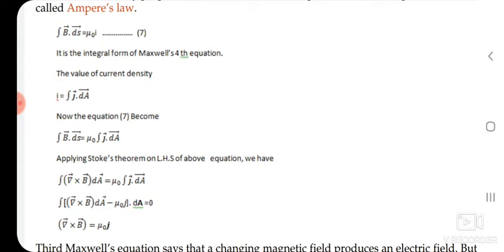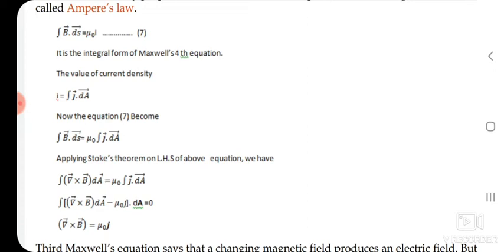Now both sides have the same type of integral, so we can subtract. We move the right hand side term to the left hand side. Therefore, the integral of del cross B minus mu naught J, dotted with dA, is equal to 0.